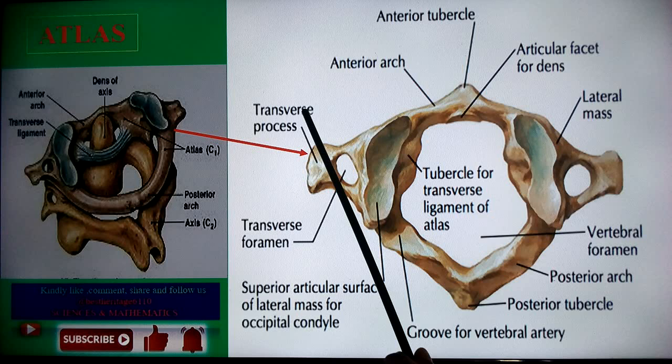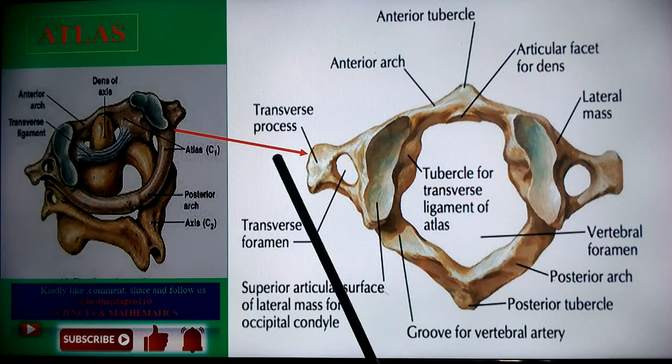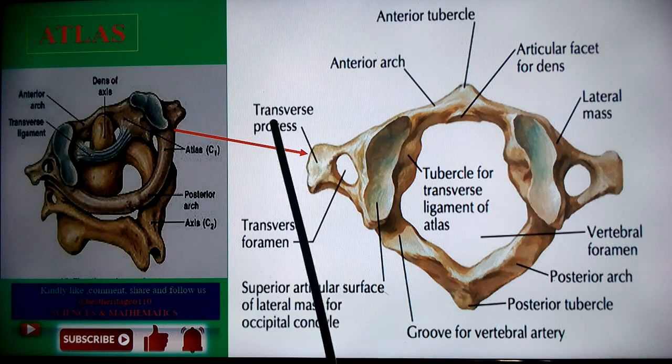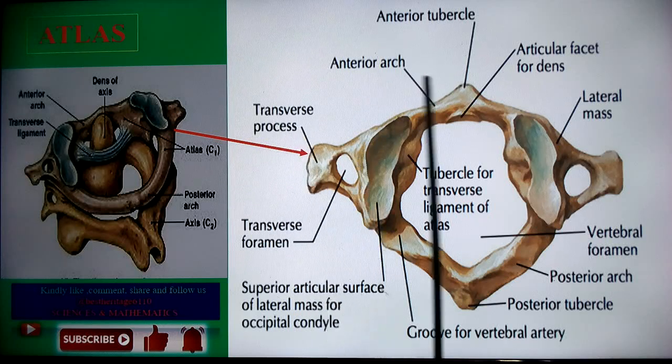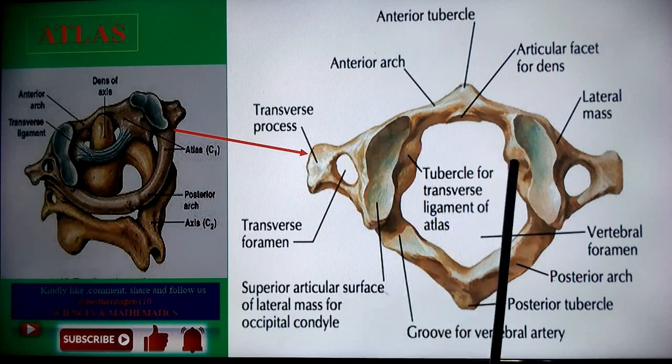Then we have the transverse process, which we said is an attachment for muscles. These transverse processes are broad and wing-like, and they provide areas for attachment of muscles in this region.